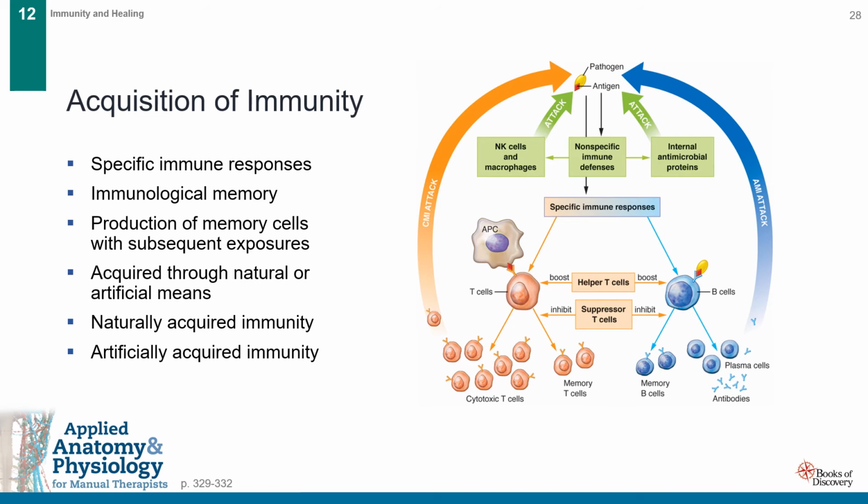While memory B cells produce plasma cells and more memory B cells, memory T cells produce cytotoxic and memory T cells. Considering the number of memory cells produced during initial exposure, it is not surprising that subsequent responses to a particular antigen are quicker.